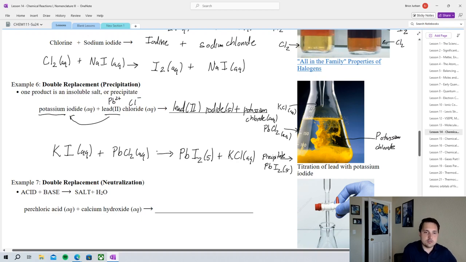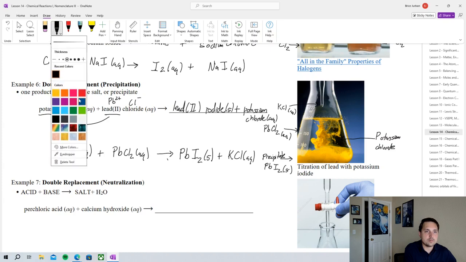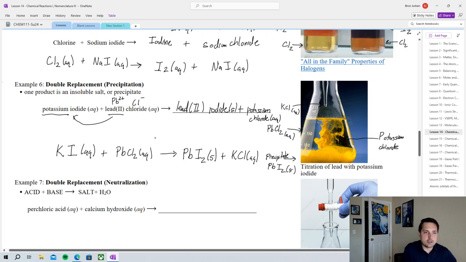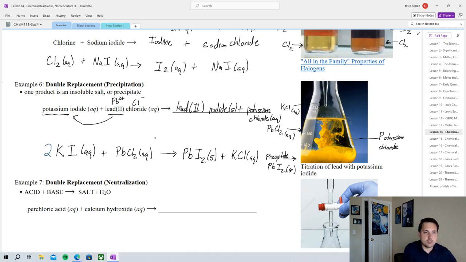And then to balance this reaction, we'll need to make sure we have the correct number of halogens. So there's 2 iodines on the right side, and there's 2 chlorines on the left side. And if I put coefficients of 2 right there, everything is balanced, so we don't need to make any more changes.